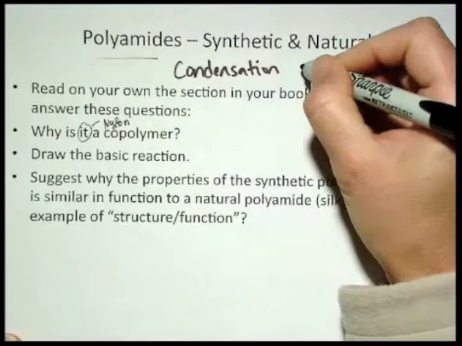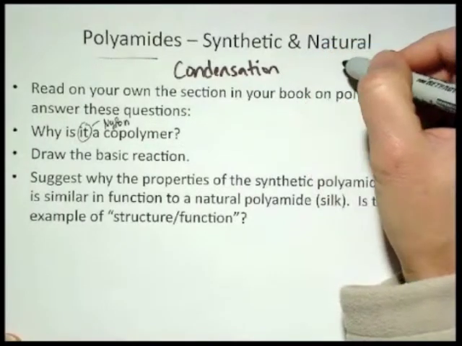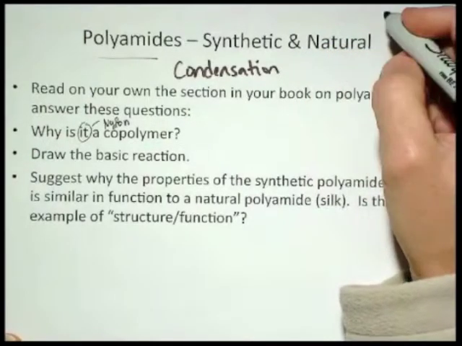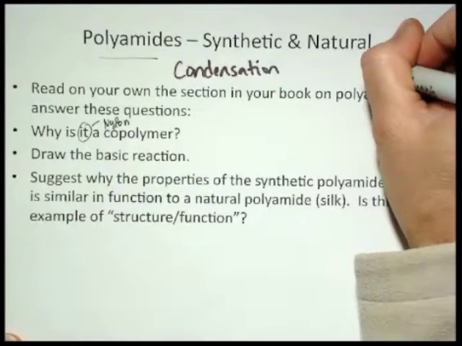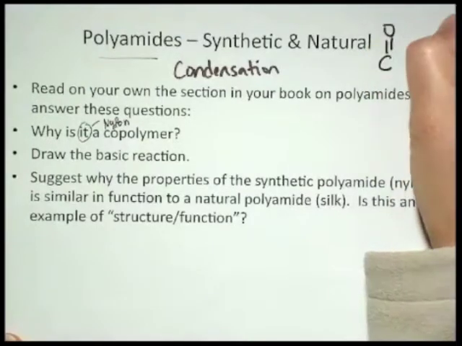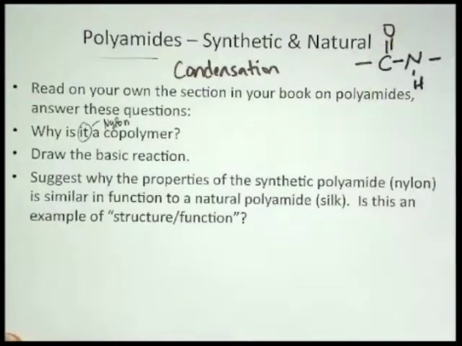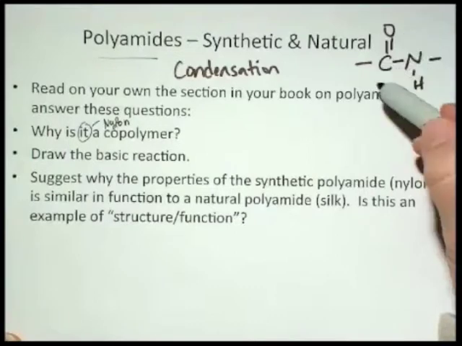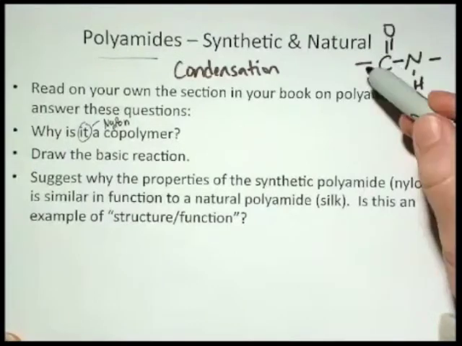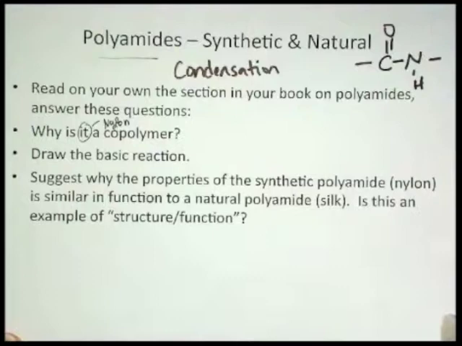At the end of the condensation reaction, instead of having an ester, you have an amide functional group. And remember, the amide functional group is when you have a C double bond O bound to a nitrogen. So it's an amine connecting with a carboxylic acid, splitting off water to give this amide linkage.